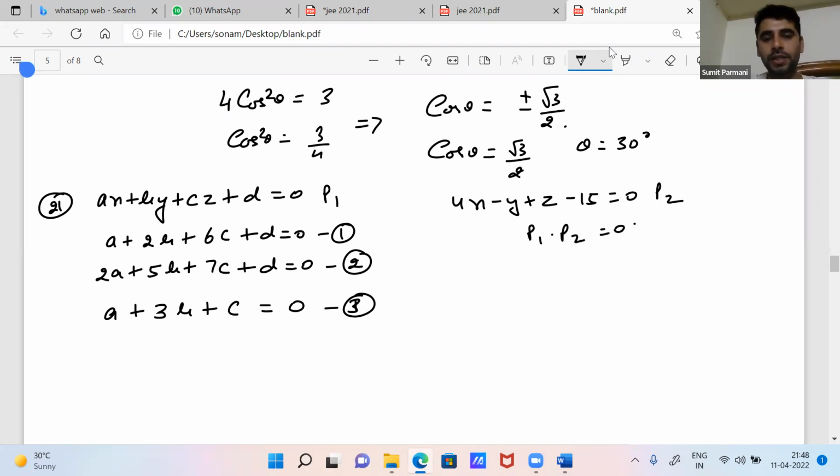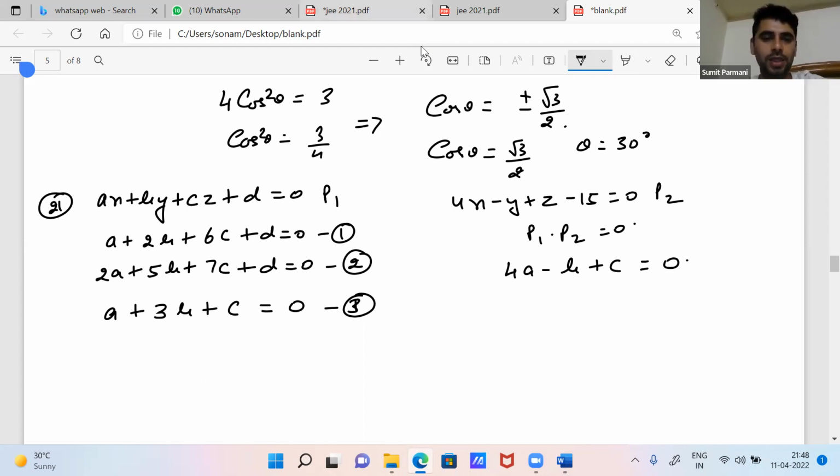So we can write 4A minus B plus C equals 0. This is the next thing we have.